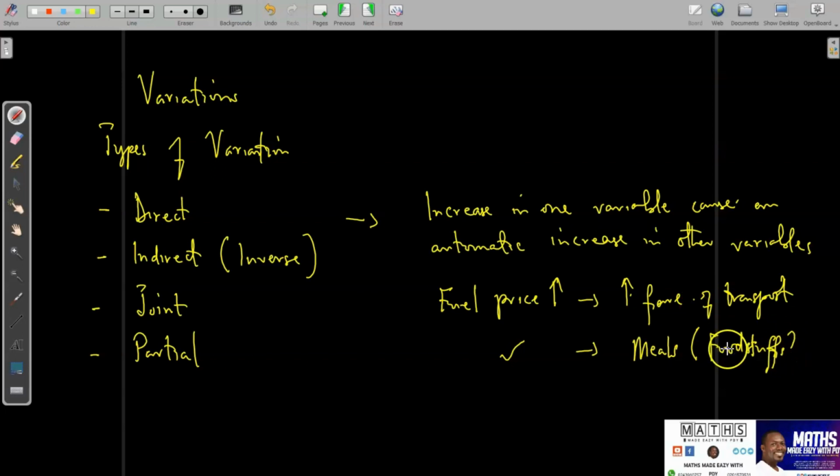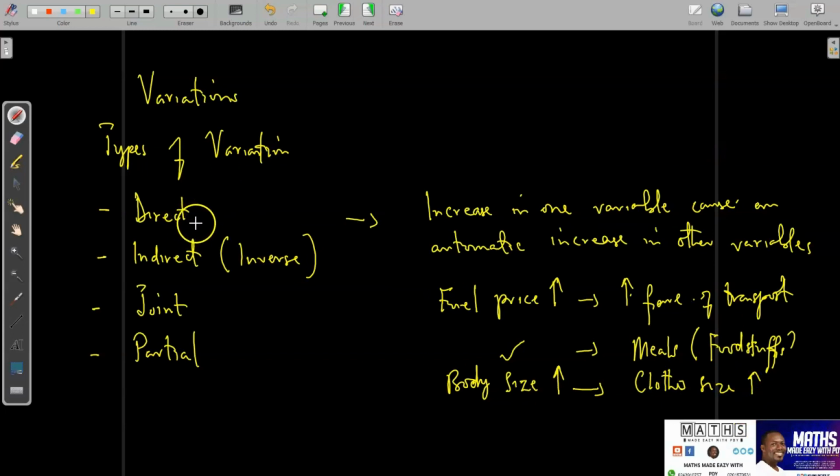The selling of foodstuffs in the market will automatically also increase. So let's say we can also consider body size. When you have your body size increase, then it means that your clothes size will also increase. That is direct variation.